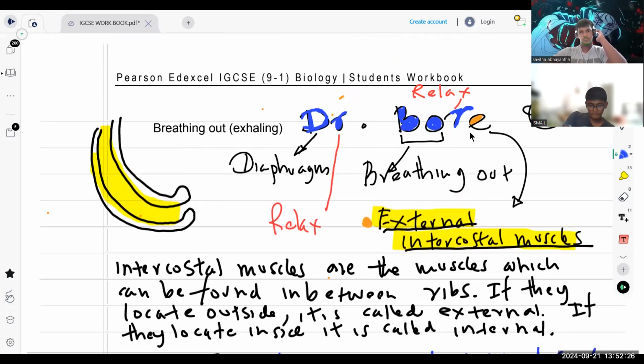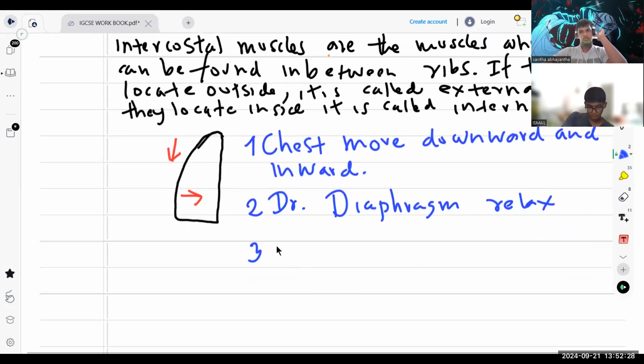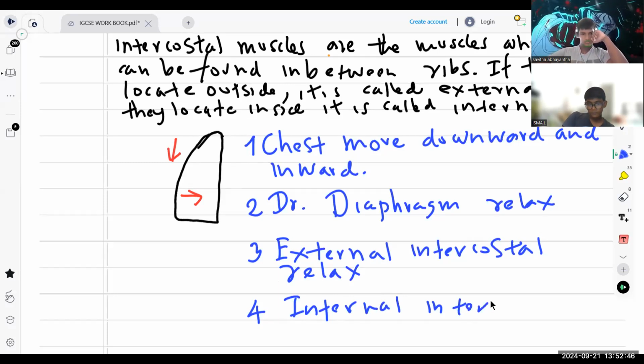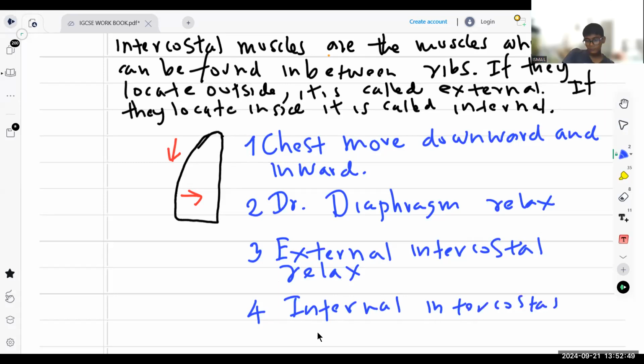External intercostal relax. Then internal intercostal contract.